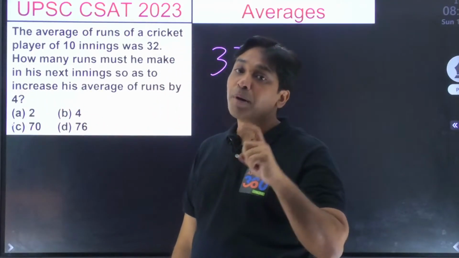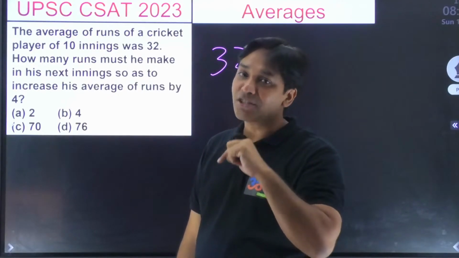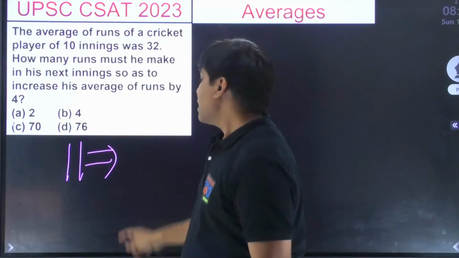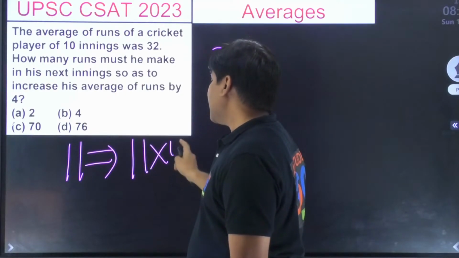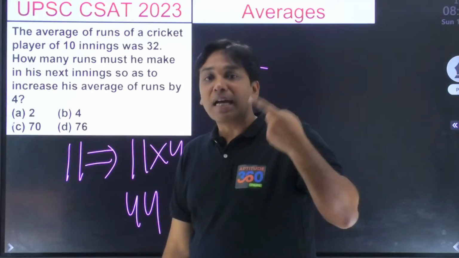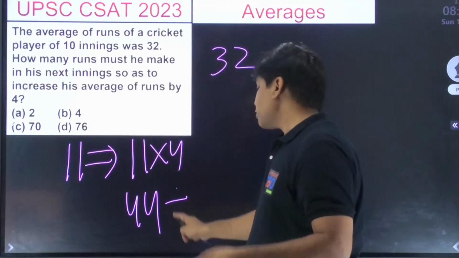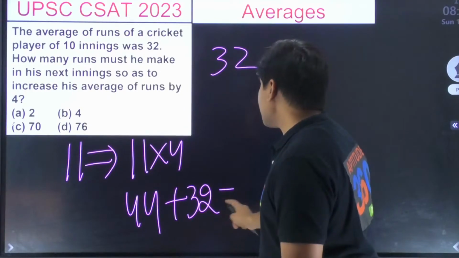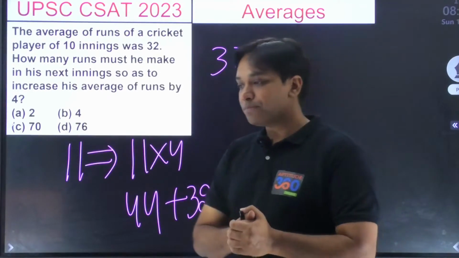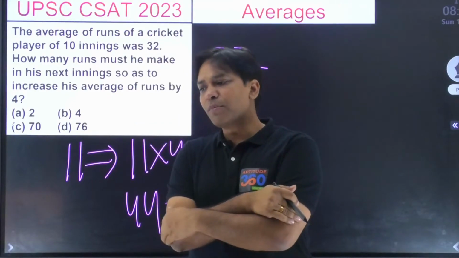So how much extra per inning should come? How many innings do we have? 11 innings. So 11 into 4, that is 44 runs needed to raise the average, plus 32. What is the total runs that this person will have to make? 76. Is that okay?